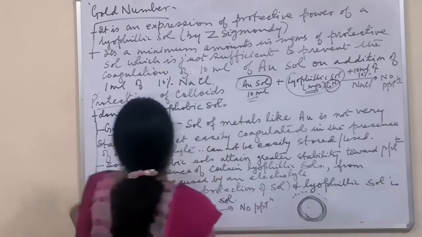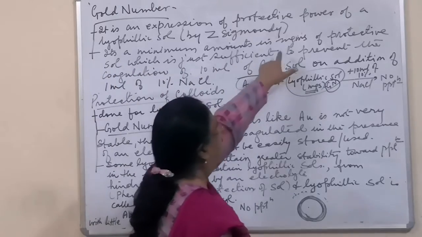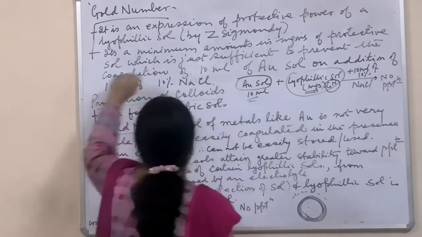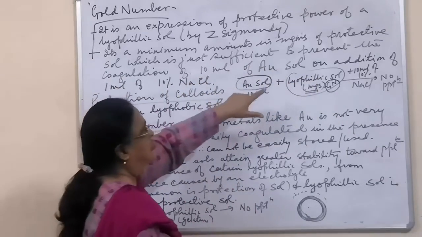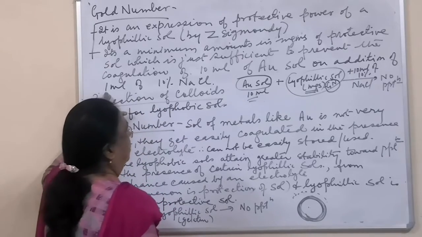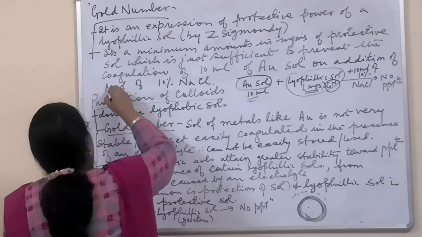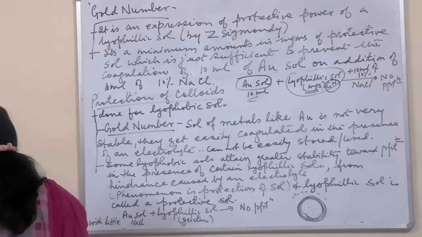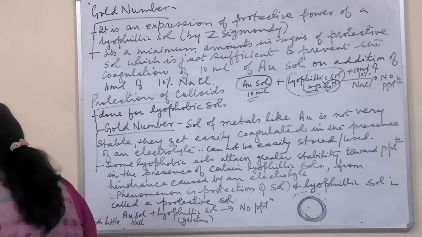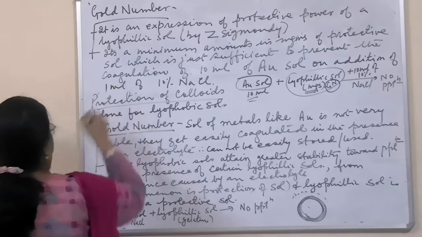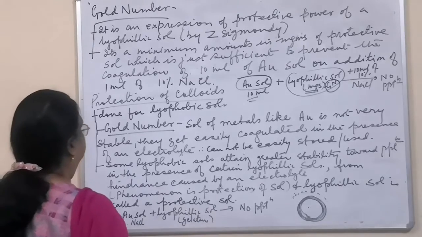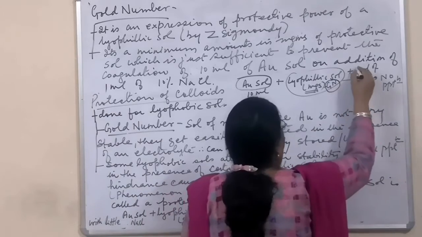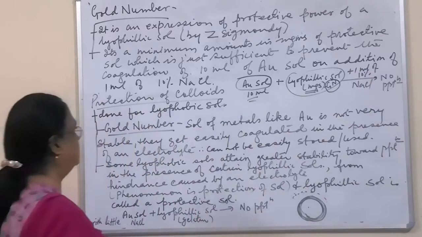The definition is: it is the minimum amount in milligrams of protective colloid which is just sufficient to prevent the coagulation of 10 ml of gold sol on addition of 1 ml of 10% NaCl.